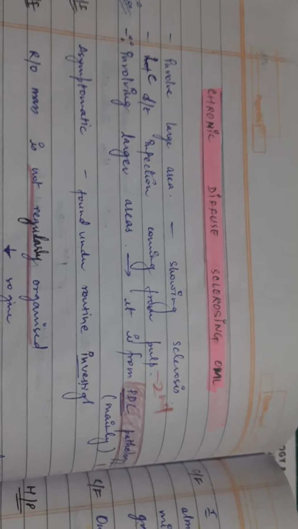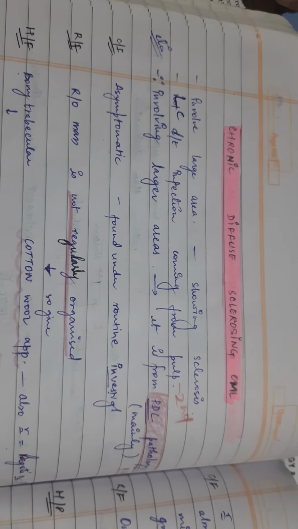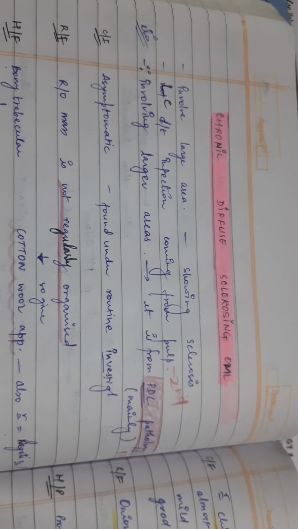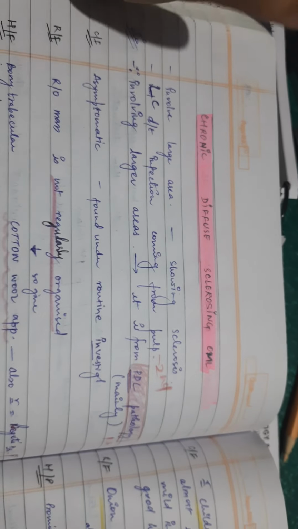Now chronic diffuse sclerosing osteomyelitis involves a large area showing sclerosis, because it is not focal, it is diffuse. It is least commonly due to infection coming from the pulp, and more commonly from PDL pathology, since it involves a larger area.